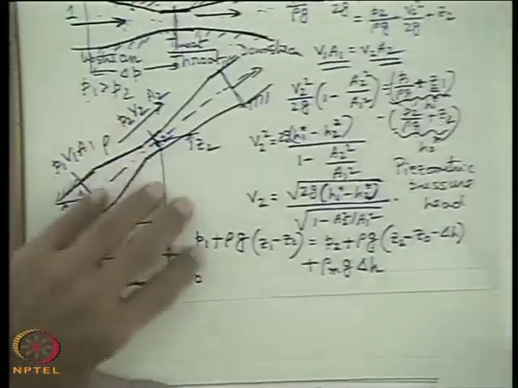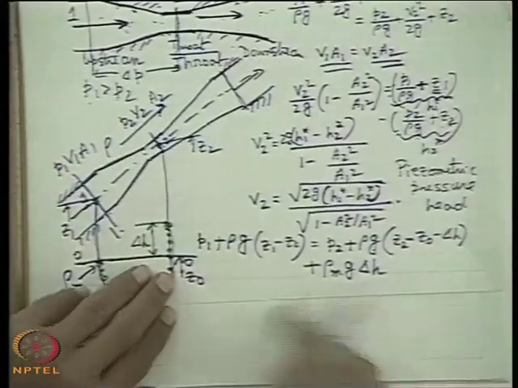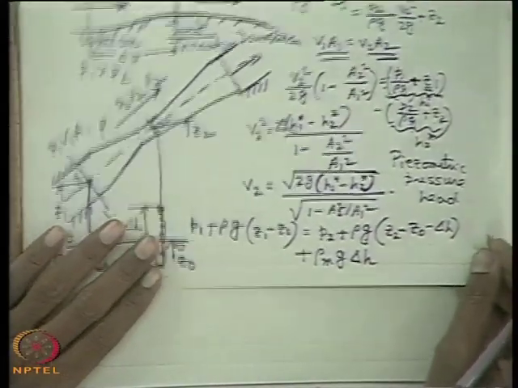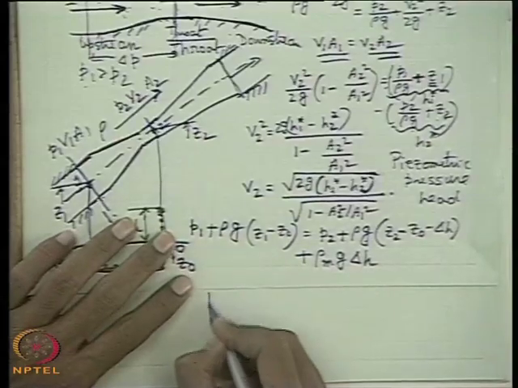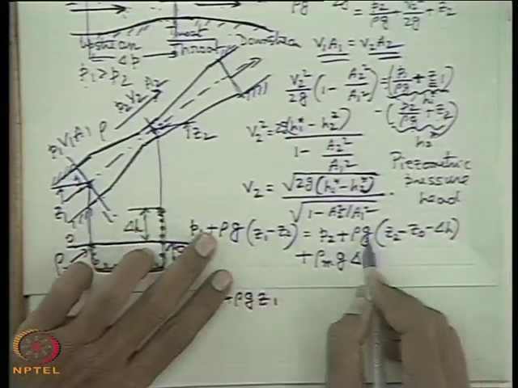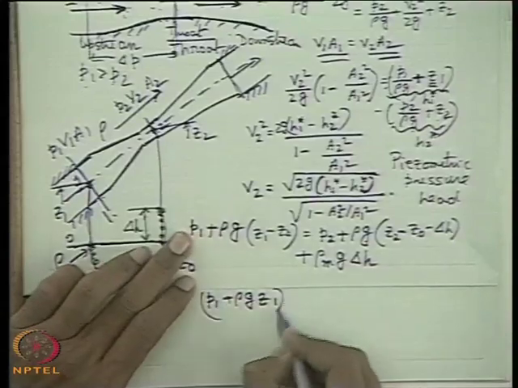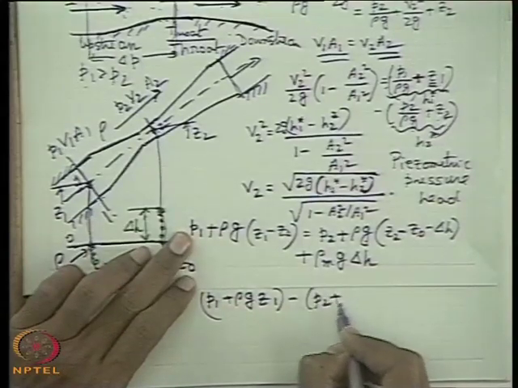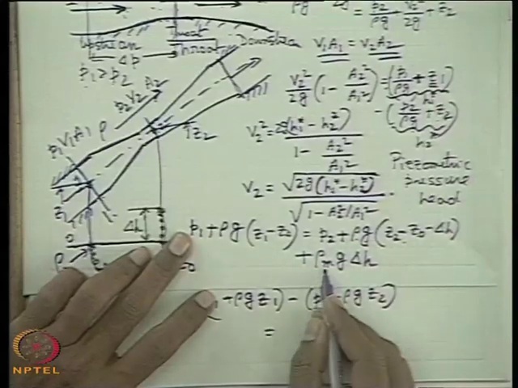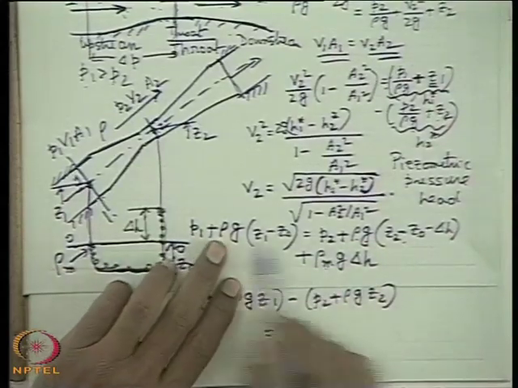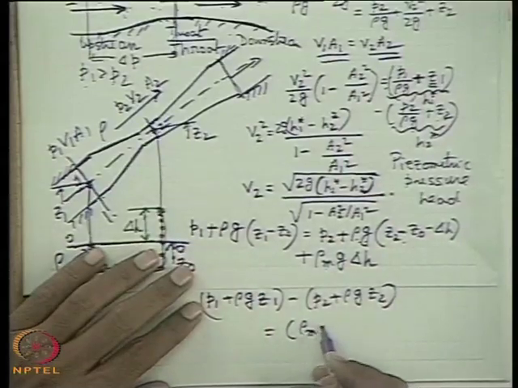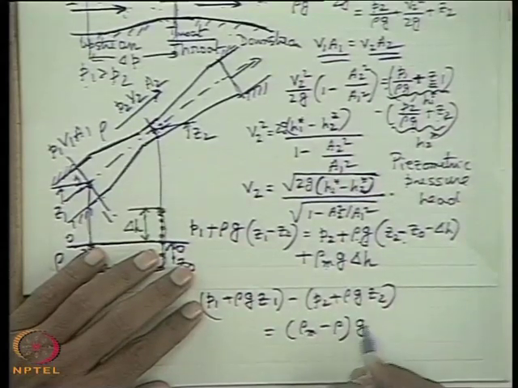So it will be P1 plus rho g Z1, where rho g Z0 cancels, minus P2 plus rho g Z2, is equal to rho m minus rho times g delta H, which we recognized earlier.